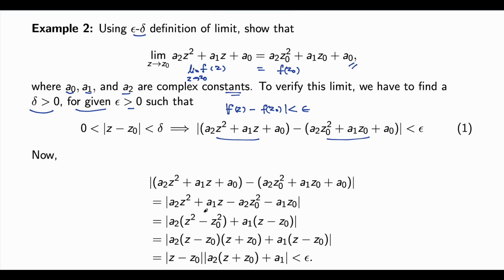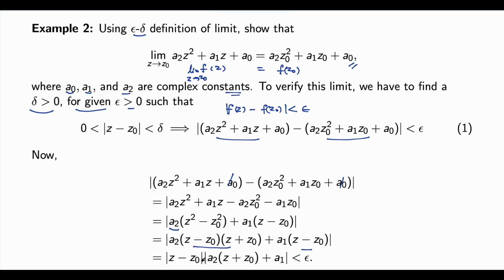Now the constant terms are cancelled out, and we collect the coefficient a2. We get z square minus z naught square plus a1 times (z minus z naught). After solving this, we open it using the square formula.